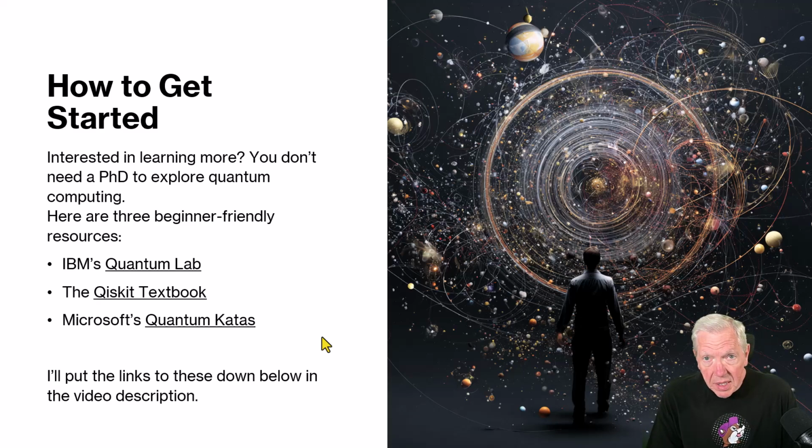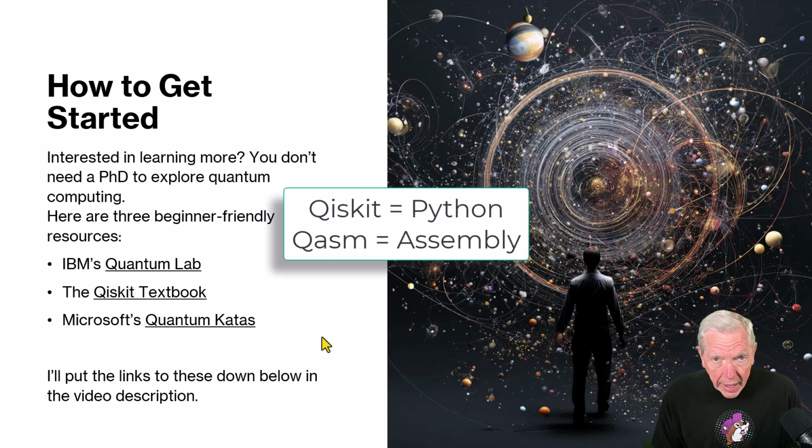Now, here are some places to get involved. IBM's Quantum Lab is super good. That's the one I'm engaged with. There is a Qiskit textbook. You should be aware that IBM created a language that allows you to write a script that will run on a quantum processor. They've made it for Python, and they call it Qiskit, but there's also a thing called QASM, Q-A-S-M.